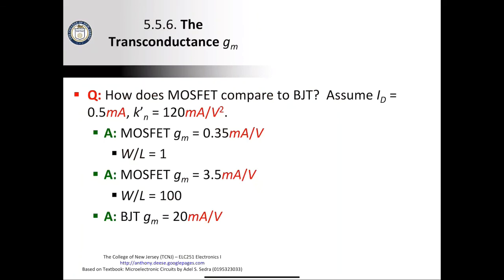Okay, so now we haven't talked about what a BJT is yet. That's going to be Chapter 6. It's the other type of transistor that we're going to be focusing on, which is the bipolar junction transistor.